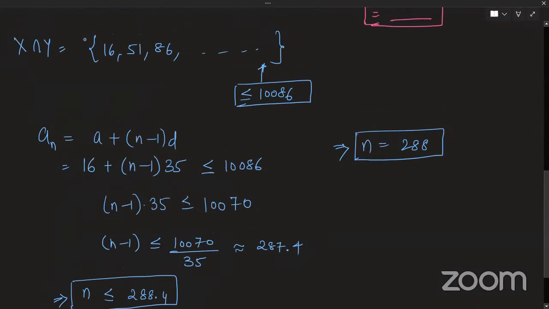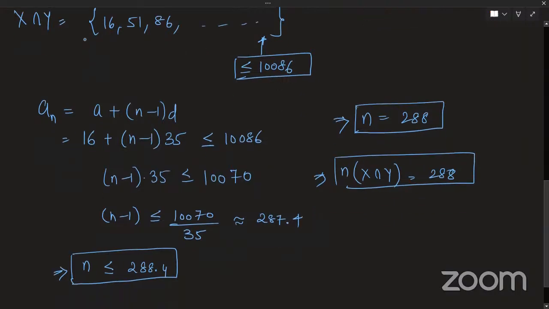So basically what was my n here? It was the number of elements in x intersection y. Now just go back to the original problem. n of x union y is how much? It is n of x plus n of y minus n of x intersection y. n of x I already know, it is 2018. n of y also I already know.